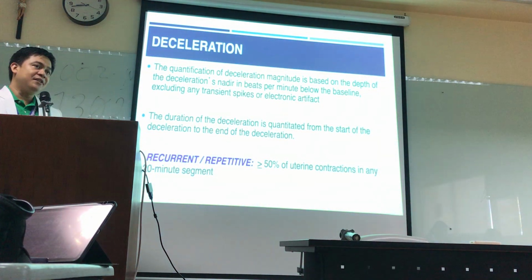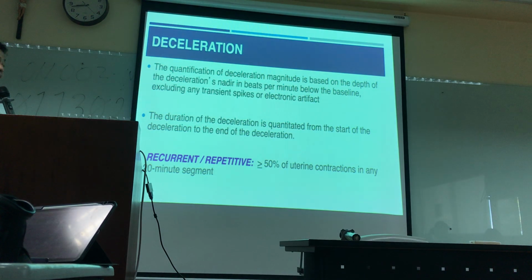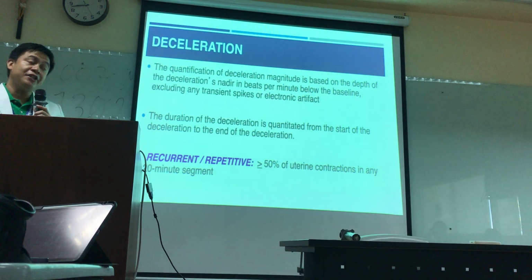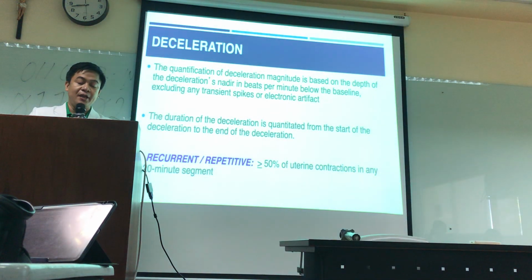It's labeled as recurrent or repetitive if it's greater than 50% of the uterine contractions in any 20-minute segment. Your decelerations are further subdivided into early, variable, and late decelerations.